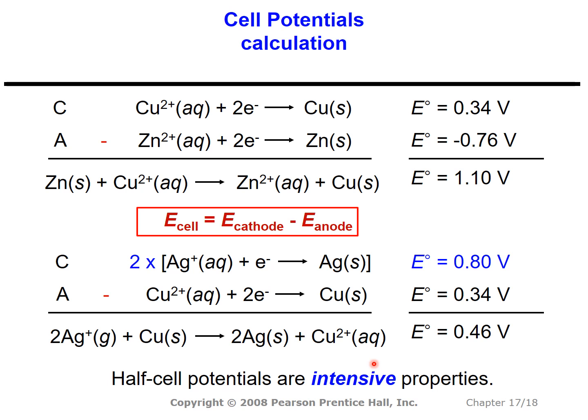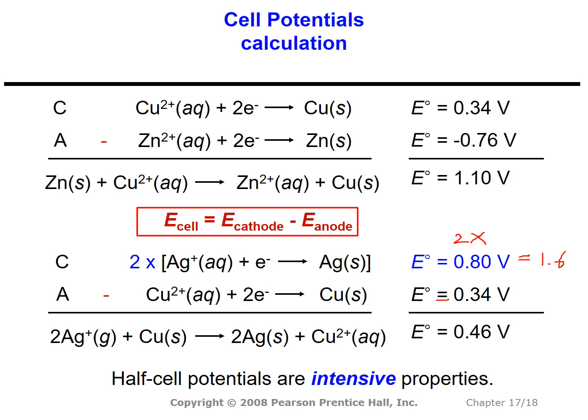Good. And then it is time to calculate the potential difference between those two reactions. We have the multiplier, which is 2 here. Then some of you would calculate in this way: 2 times 0.80 is 1.6, minus 0.34 volt.